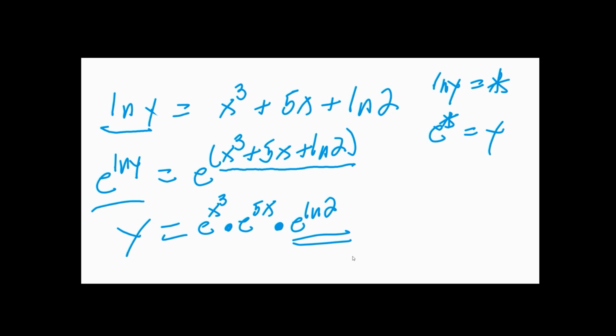Again, just by what we said, e to the ln y is y. Well, e to the ln 2 is 2. So this could be y equals 2e to the x cubed plus 5x. So a last little principle to give you is that e to the ln anything is anything.